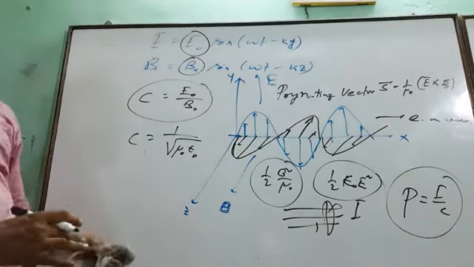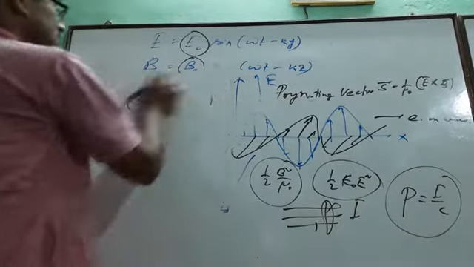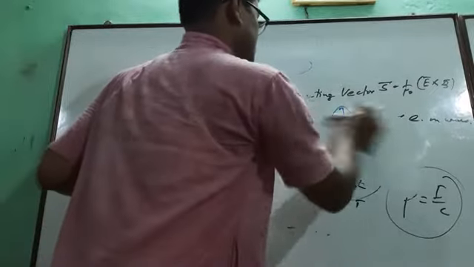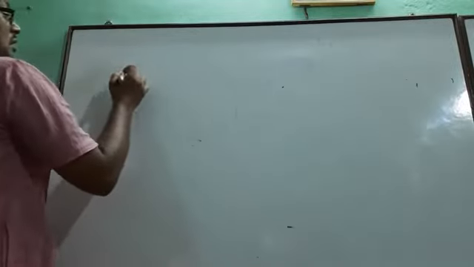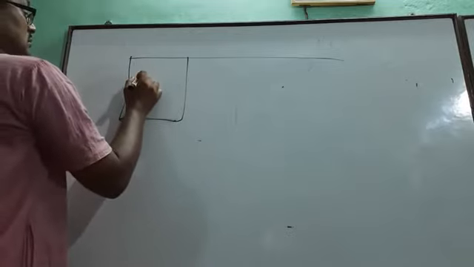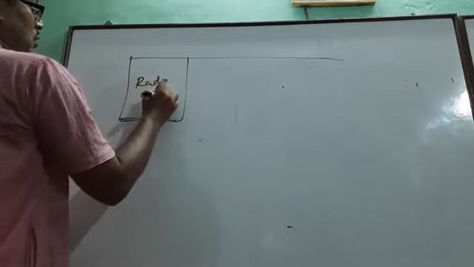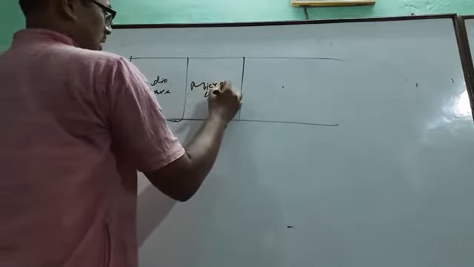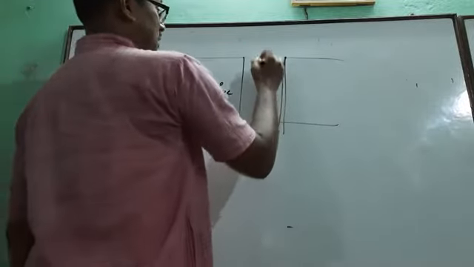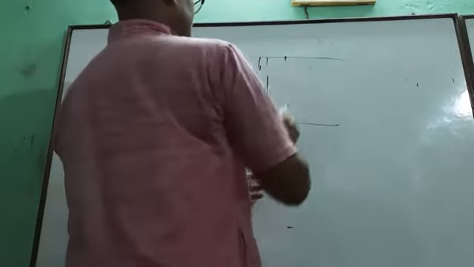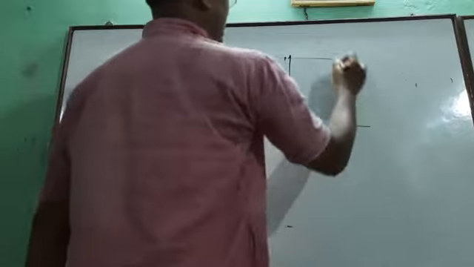Now we have the electromagnetic series. See, first we have radio wave, then microwave, then the visible range, and two sections here.